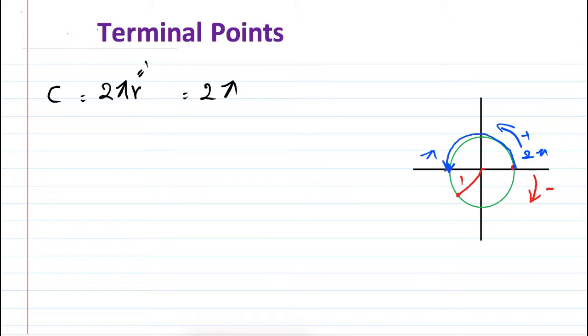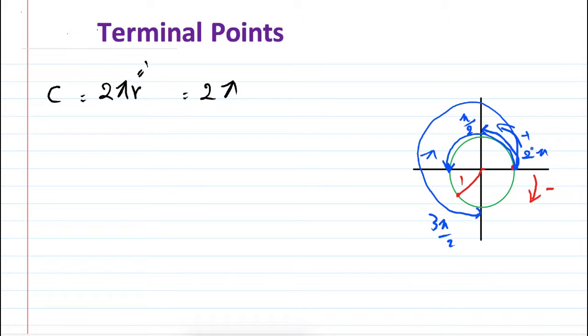So from here to here, this is a distance of pi. From here, the whole revolution is a distance of 2 pi. What is half of pi? Well, half of pi will be pi over 2. So if I travel from here to here, this will be a distance of pi over 2. And from here to here, this is 3 pi over 2. And the full thing is 2 pi.